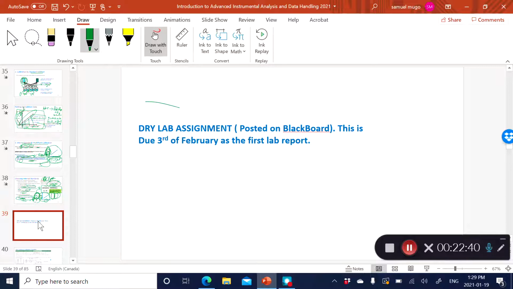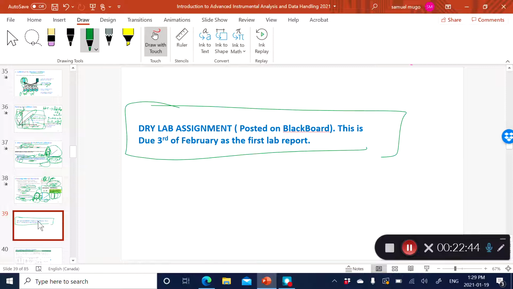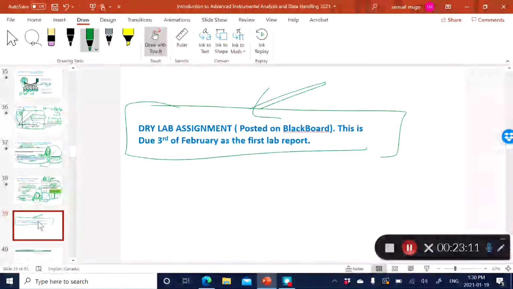And so you've got a dry lab assignment to practice all those different types of data manipulation using the 3 different calibration methods. This is very important, because all your labs are going to be based on calibrations. And so I want every student to be very, very comfortable with data manipulation using different types of calibration methods.